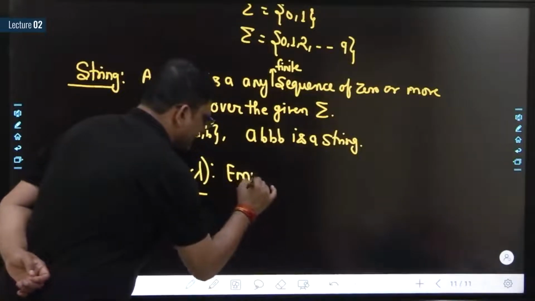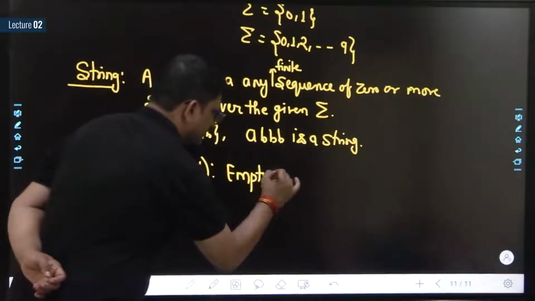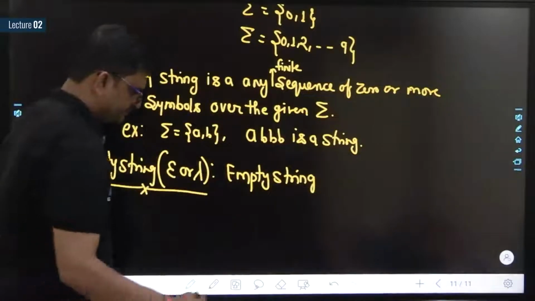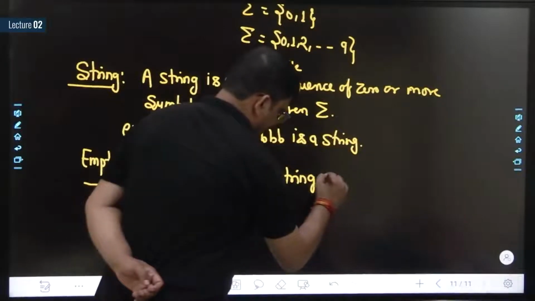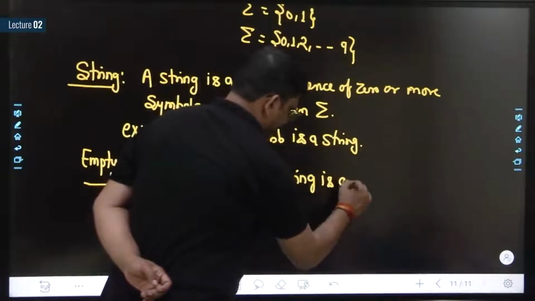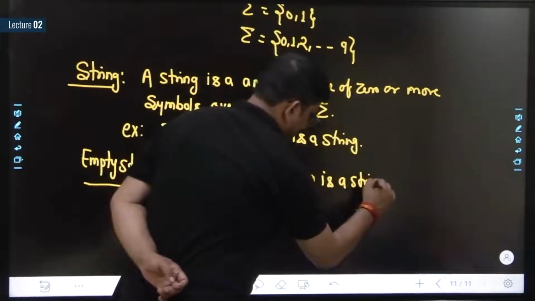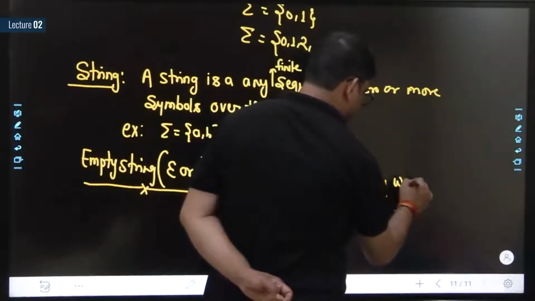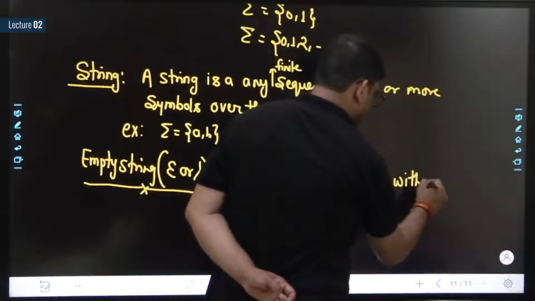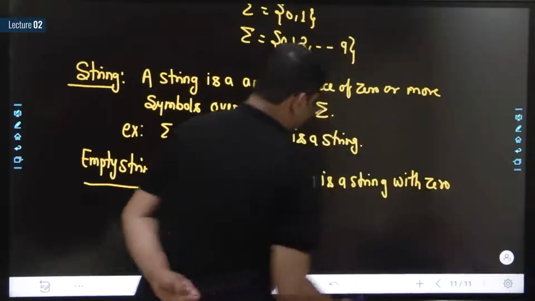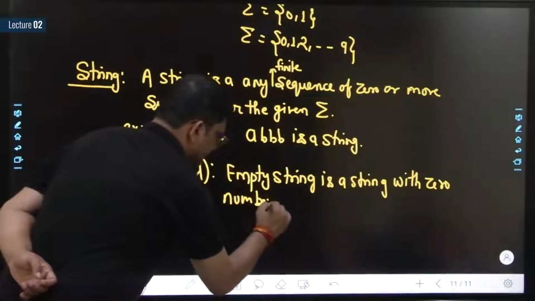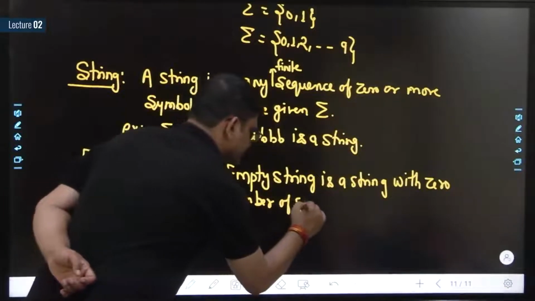Empty string is a string with zero number of symbols.